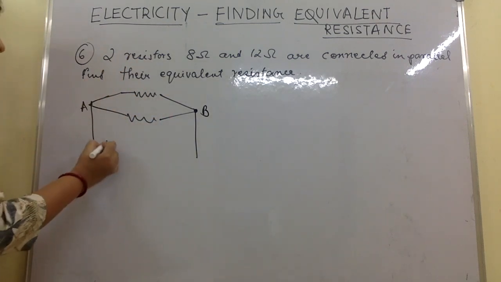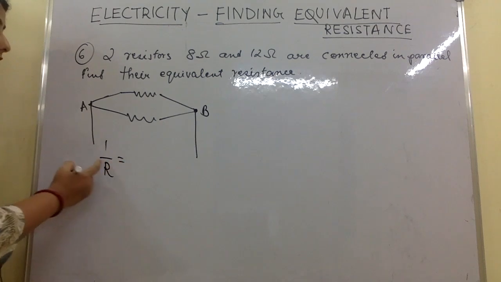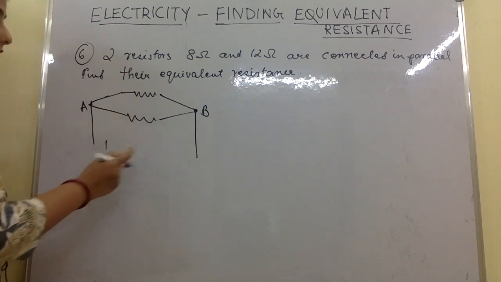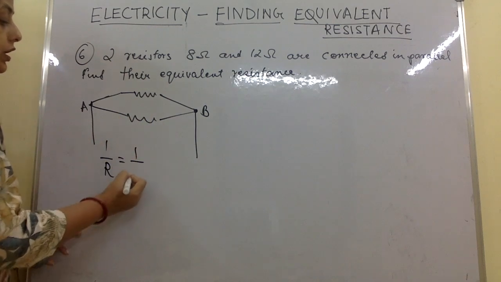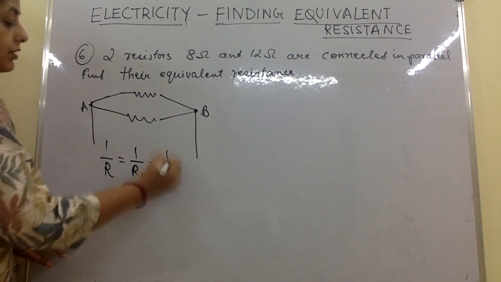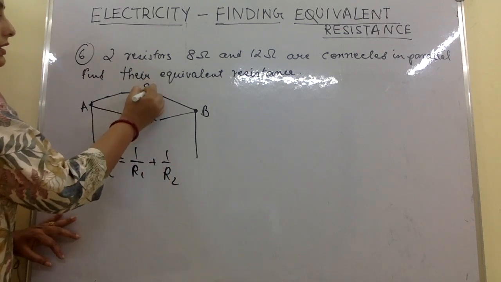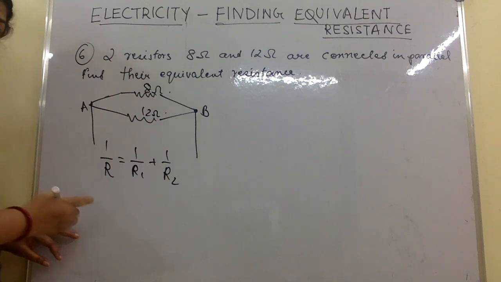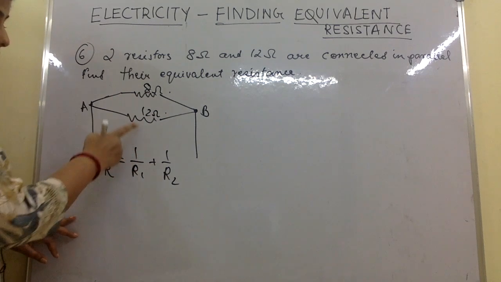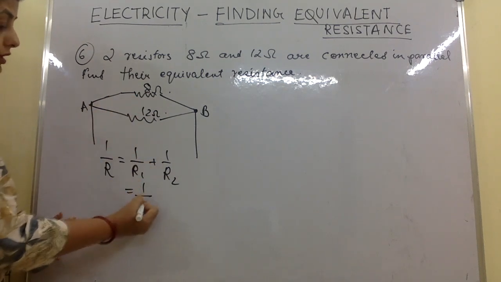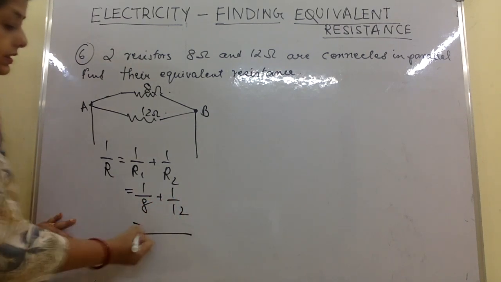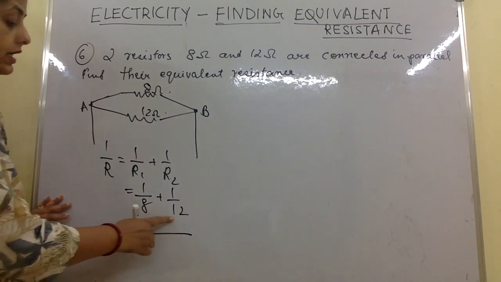The formula for parallel equivalent resistance is 1 by R equals 1 by R1 plus 1 by R2. Here R1 is 8 ohms and R2 is 12 ohms. So this is 1 by 8 plus 1 by 12.